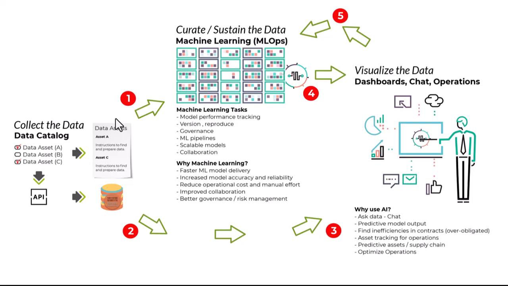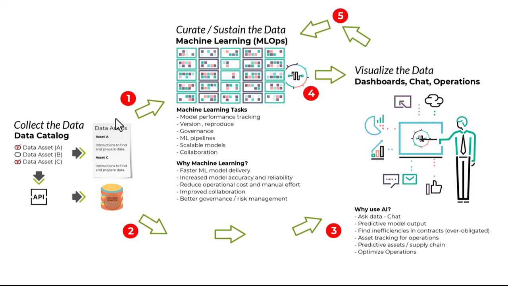You could go the first route, which is to take that information and curate it inside of a machine learning environment. Some of the things the machine learning environment does for you are listed right there on the screen: model performance, versioning, reproduction of models, governance and auditing, all of that type of activity.